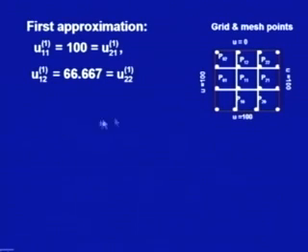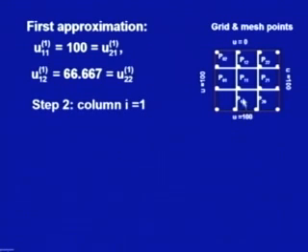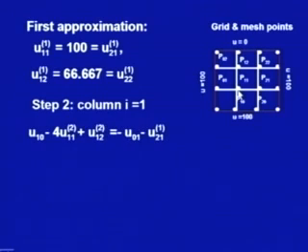For the second step, we have to alternate the direction. Since we did the first step using the rows, now we will move to using the columns. First I will take the column i equal to 1. In this column I have 2 internal points and 2 boundary points. I start with the first point, that is j equal to 1.